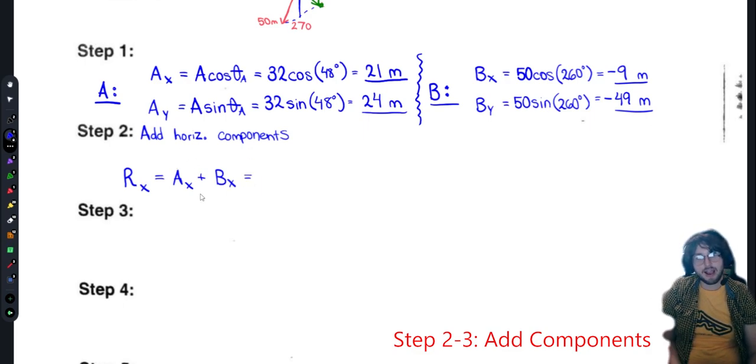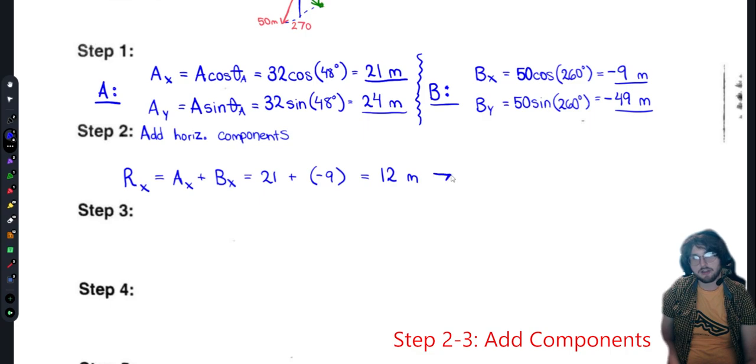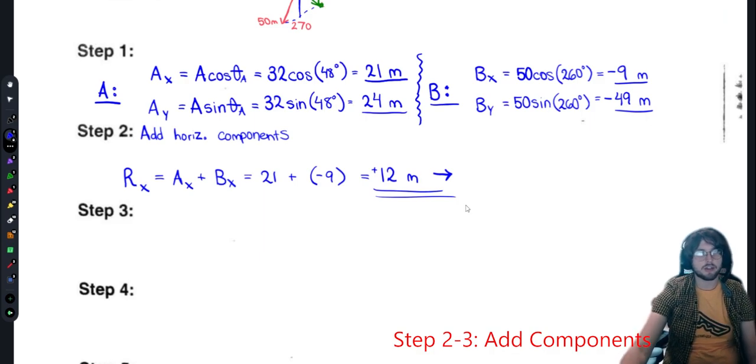Because they're all on the same axis now, there's not even any Pythagorean that we have to do yet. So ax plus bx is going to be 21 meters plus -9 meters. Remember, we're always adding, even when we're really subtracting, in effect. So you should get a total x component of 12 meters, and I'm going to indicate that its direction is to the right, just so we can keep that in mind. Or you could just say that it's positive 12. Either way, it's fine. All right, and that's our resultant x.